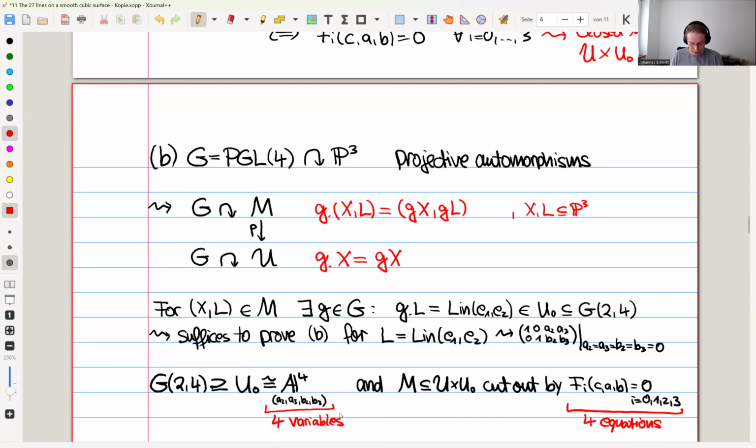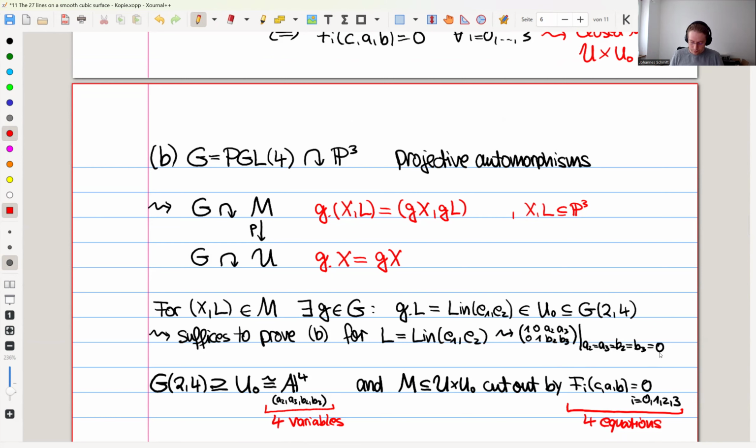So it's a 4-dimensional space a priori. And then the space that we care about, where we want to show it's locally a graph, this is cut out by 4 equations, right? These were these Fi equals 0 at these points. So you have 4 variables and 4 equations. And you know that you're currently at the solution point when you set all of the coordinates to be 0.